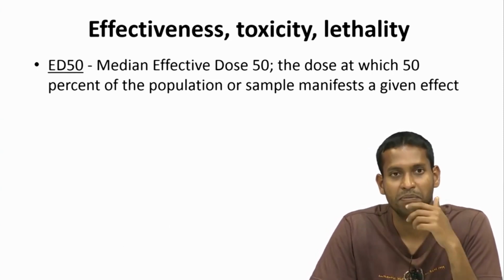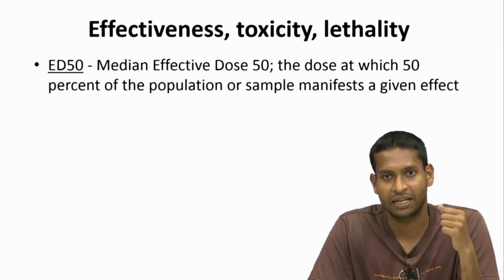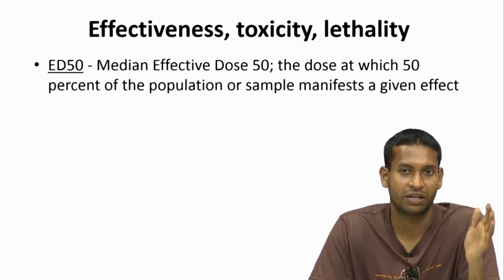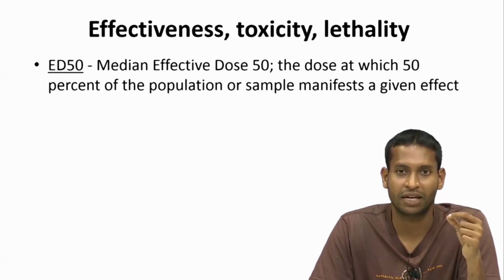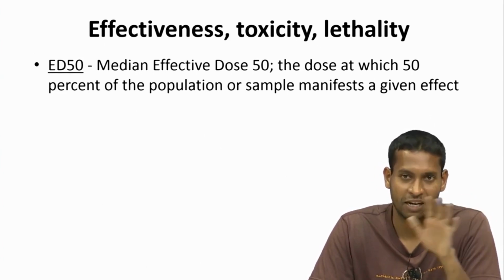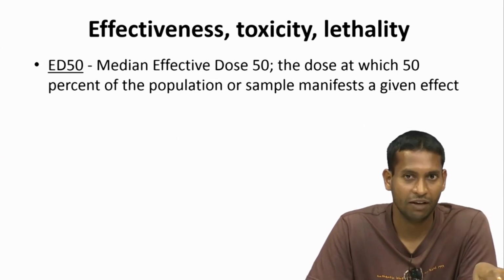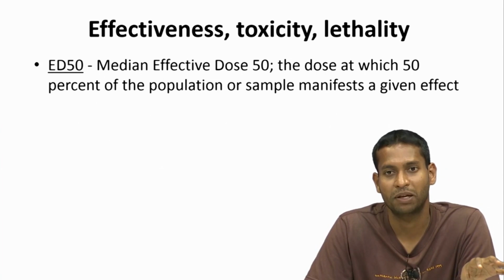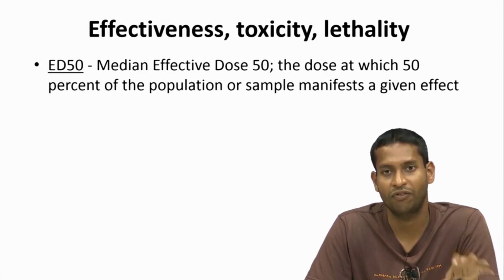To give you an example, let us say drug X is used to reduce fever. If I give drug X to 100 people that are having fever, at the ED50 value of the drug, 50 of the people will have some sort of relief from the fever.